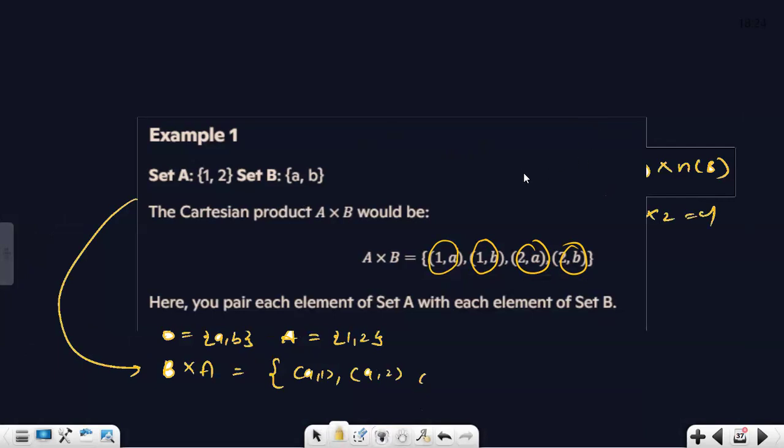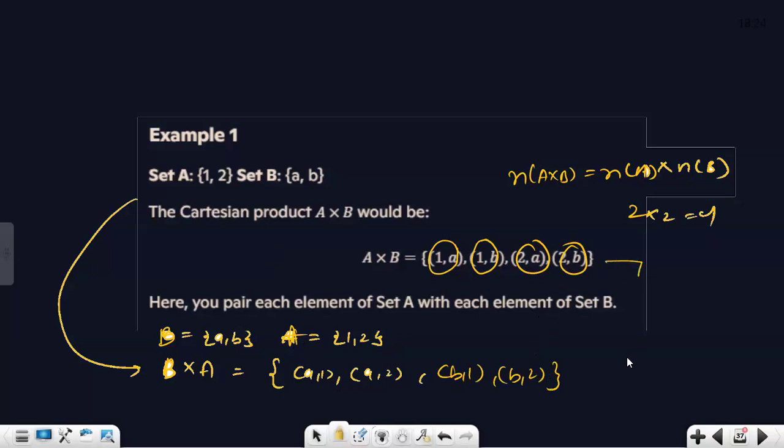Let me write it again. N of A cross B is N of A into N of B. There, 2 into 2 was 4. Now considering here, B is {A, B} and A is {1, 2}, and B cross A is A1, A2, B1 and B2.